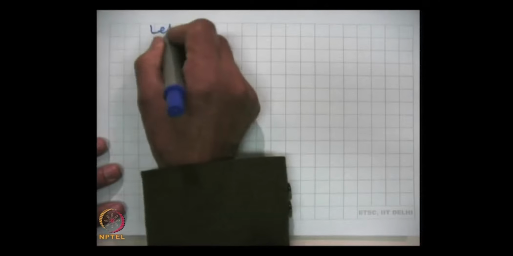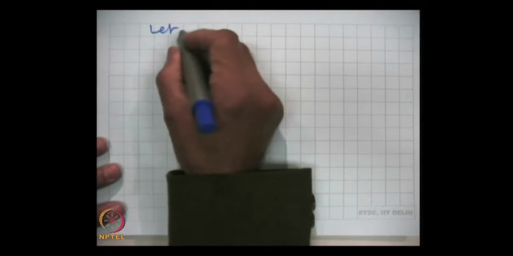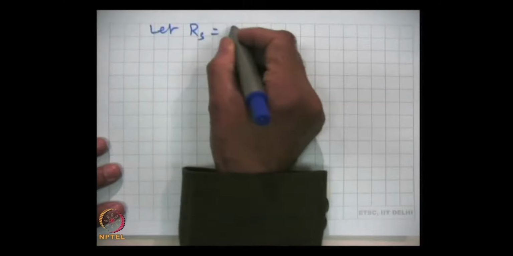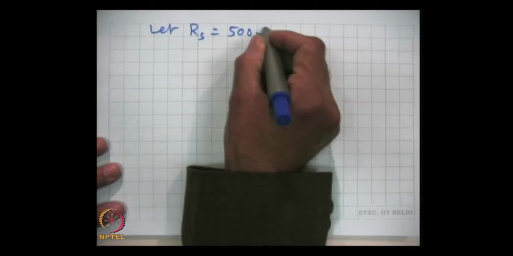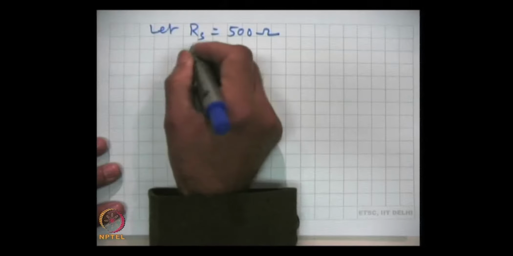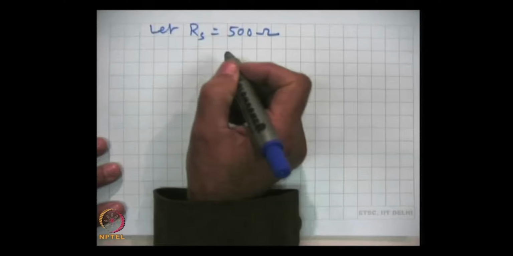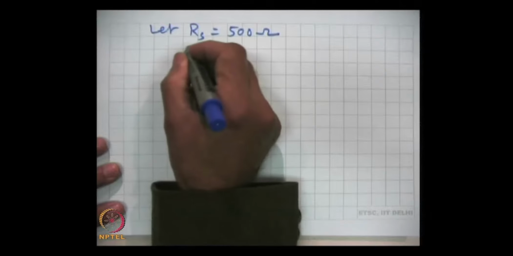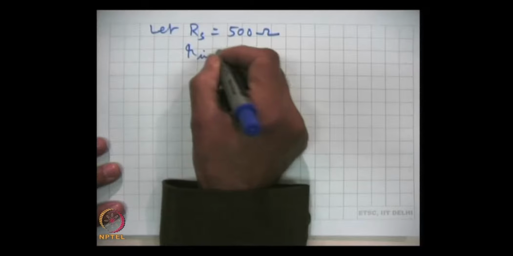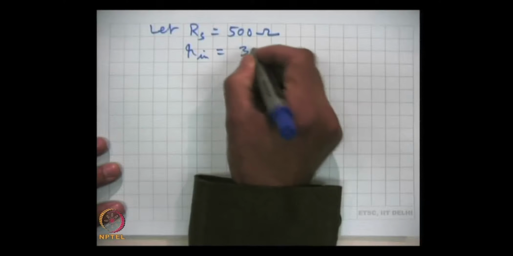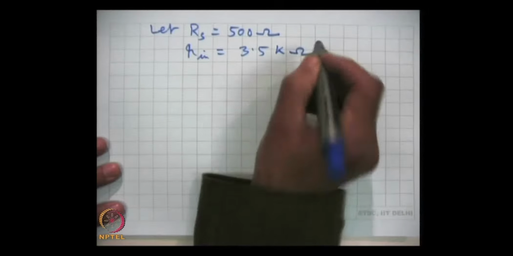As an example, let us say in an amplifier the source resistance is 500 ohms, and the effective resistance between base and ground, R in, is equal to 3.5 kilo ohms.